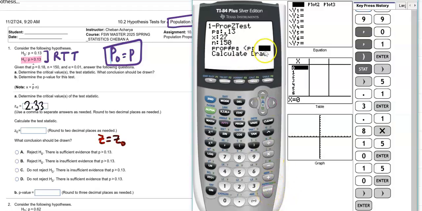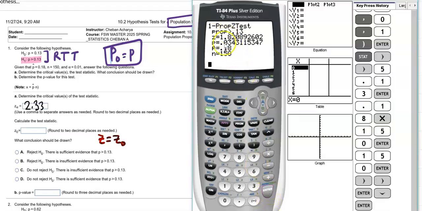This is going to be highlighted, which is for a right tail test. Scroll down to Calculate, press enter, and you get these values. The first number is the test statistic, which is z, the same as z0. That's what we're going to put here: 1.82 rounded to 2 decimal places.